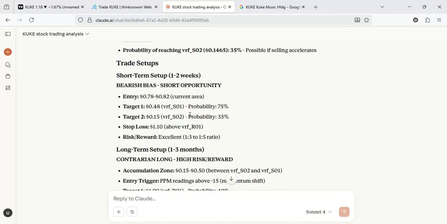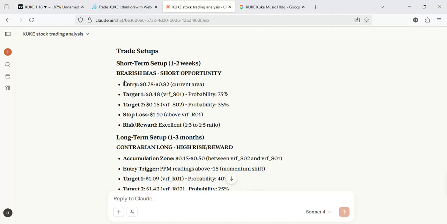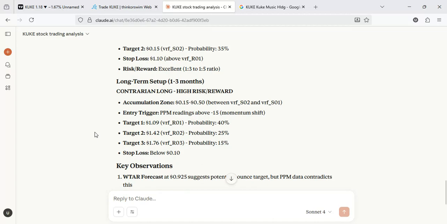If it spikes from the current levels, it might provide a short-term opportunity. And the long-term opportunity, a contrarian long, high risk, high reward, would be this: you enter in the 0.15 to 0.5 dollar range if it gets to such a level.